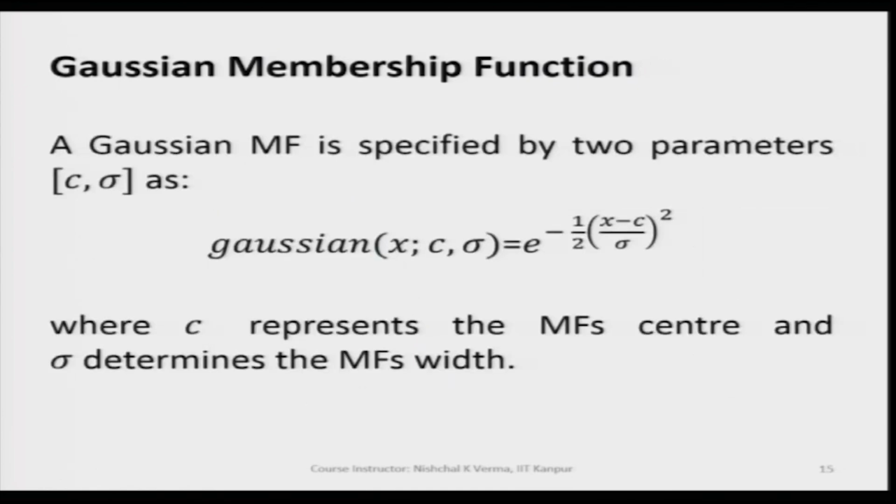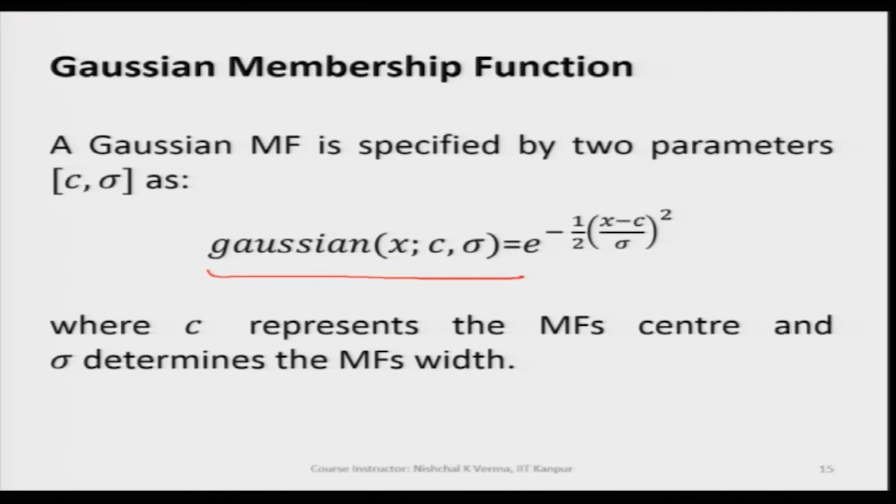Now comes the Gaussian membership function. This is a very interesting fuzzy membership function. This is the syntax, the way we write a Gaussian membership function: Gaussian of x semicolon c and then sigma. Here c is nothing but the mean, the center, and sigma is the standard deviation.